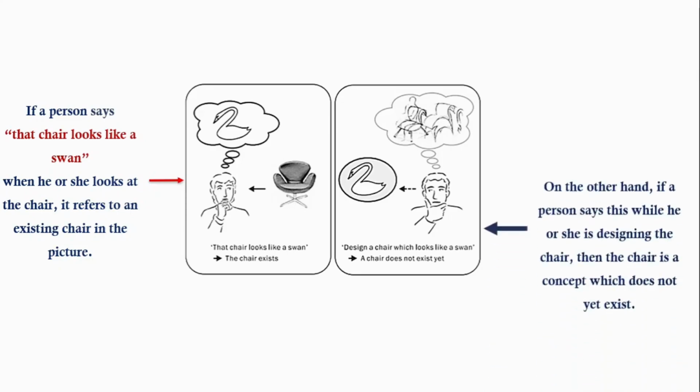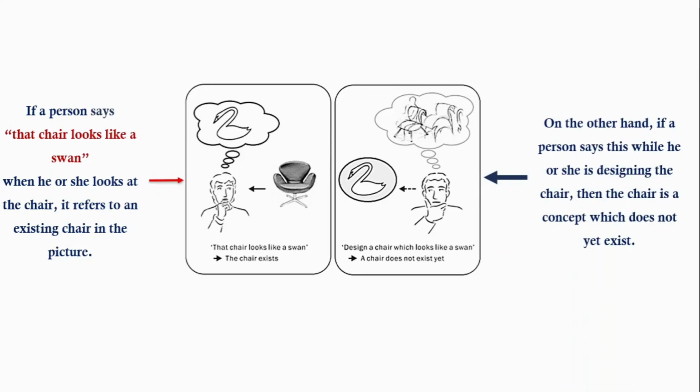When it comes to the right hand side, what he is saying, on the other hand, if a person says this while he or she is designing the chair, then the chair is a concept which does not exist yet, right? So ultimately, from the right hand side perspective of the man, he is trying to design a new chair, okay, and he wants to keep the concept of a swan in the picture.